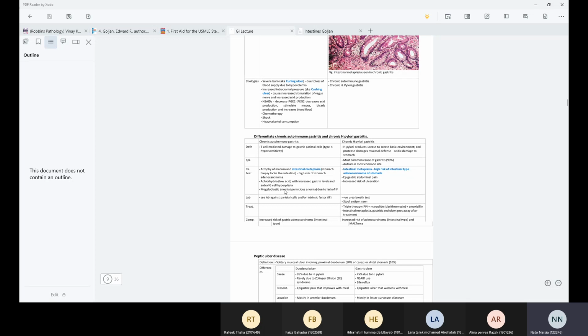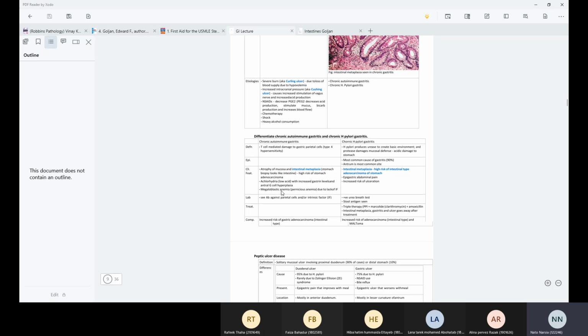Megaloblastic anemia is really high yield, and it's from hematopathology. You remember megaloblastic anemia is a B12 deficiency anemia, okay? And pernicious anemia is in severe cases, okay? Lack of intrinsic factor, which is needed to absorb B12. That's why chronic autoimmune gastritis is associated with megaloblastic anemia as a clinical manifestation. They usually exist together.